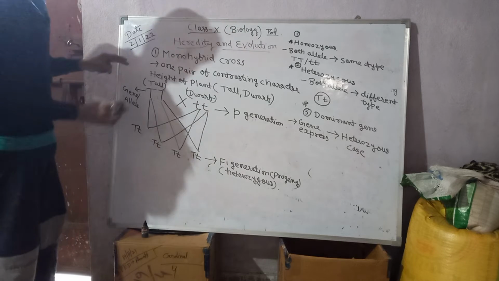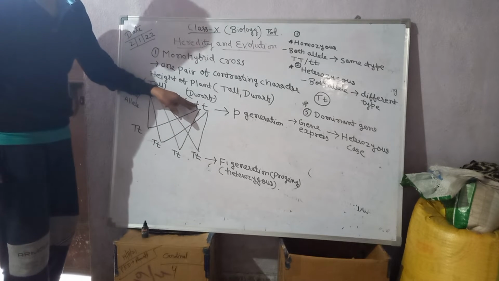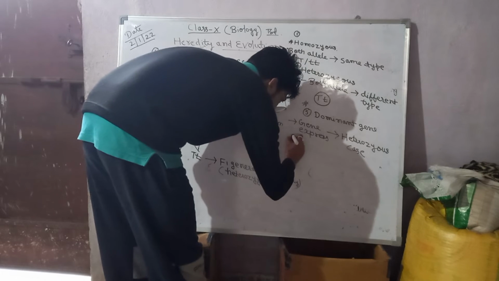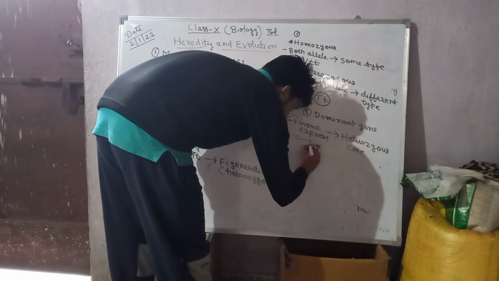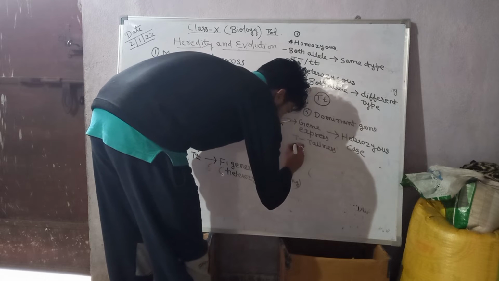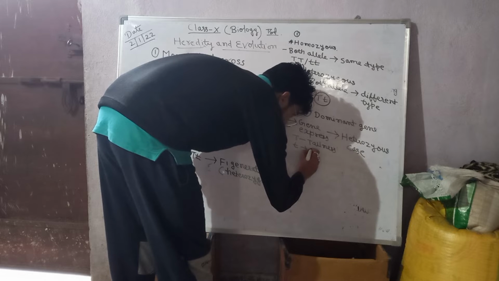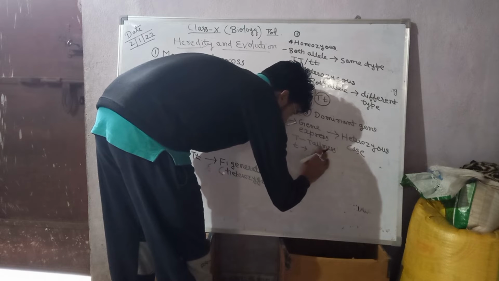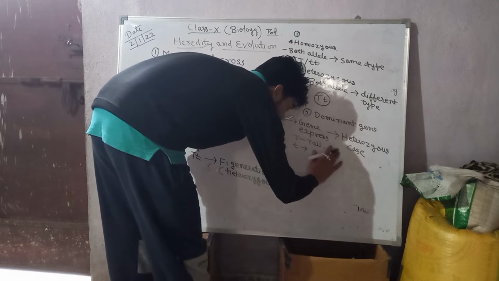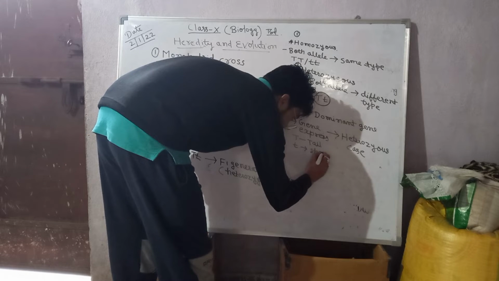Here you are seeing that two types of gene are there. One is capital T and another is small t. So capital T is for the tall character and the small t is for the short or the dwarf character.